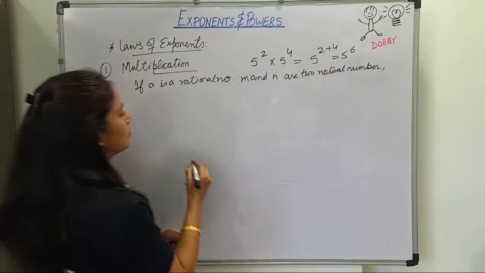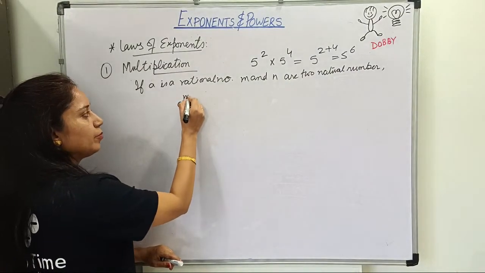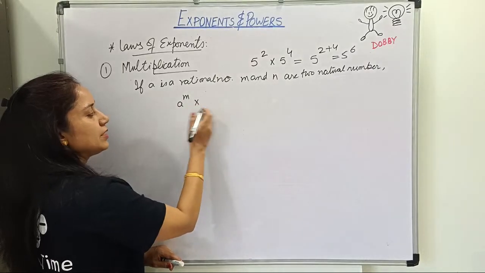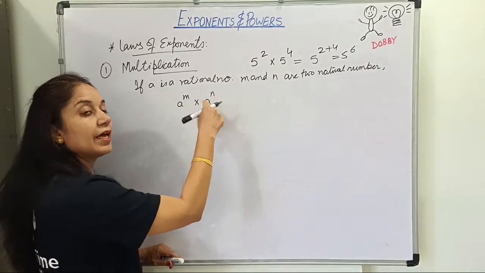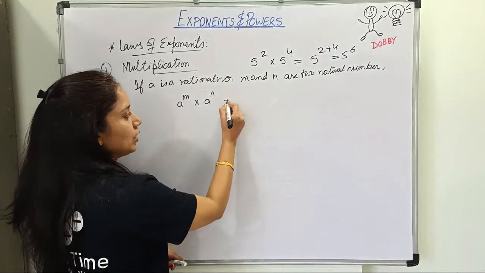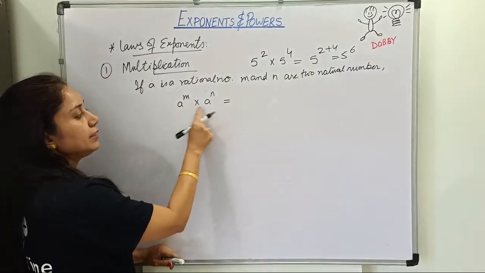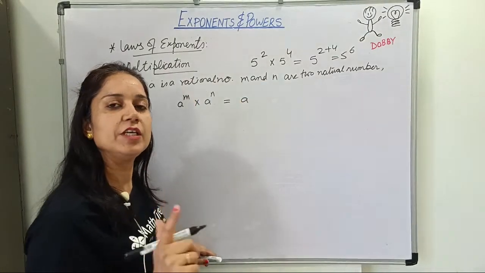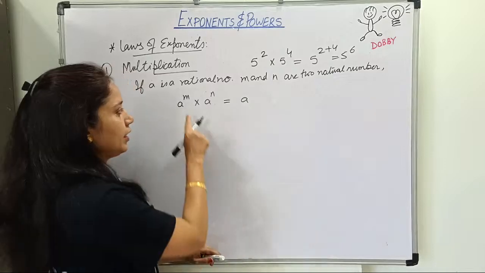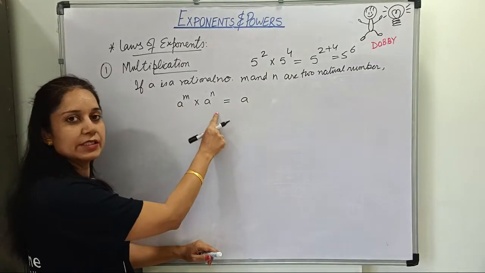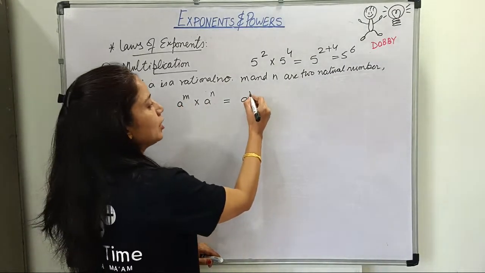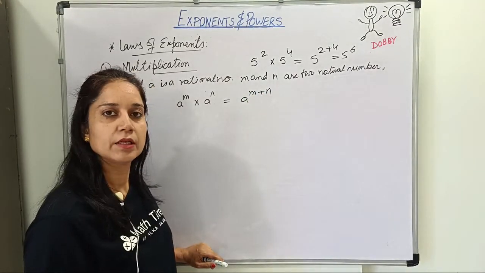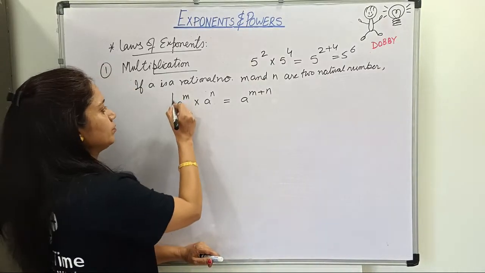Then A raised to the power M, rational number raised to the power integer, multiplied by same rational number raised to the power another natural number. In that case, base is same. In multiplication, we add the powers. Remember this. In multiplication, when both the bases are same, we add the powers. M plus N. This is the first law.